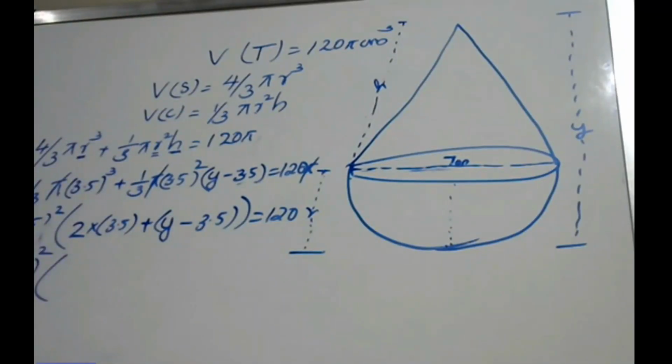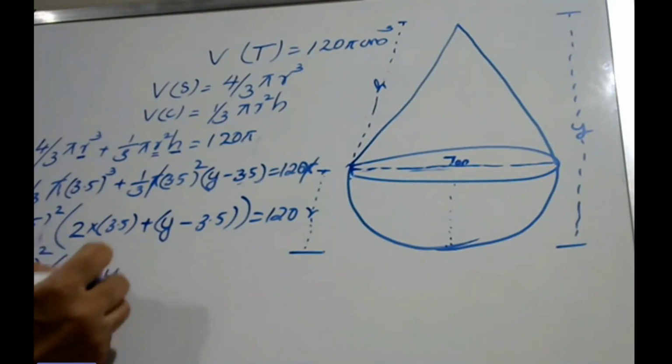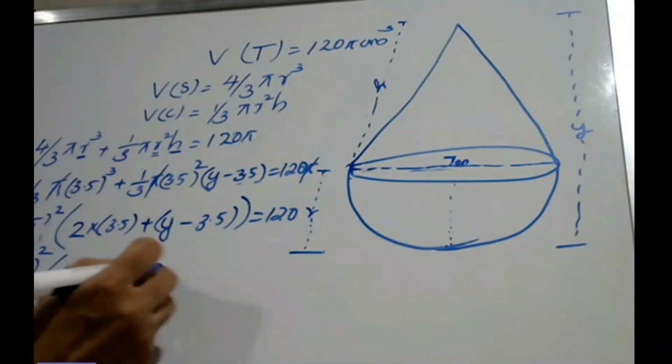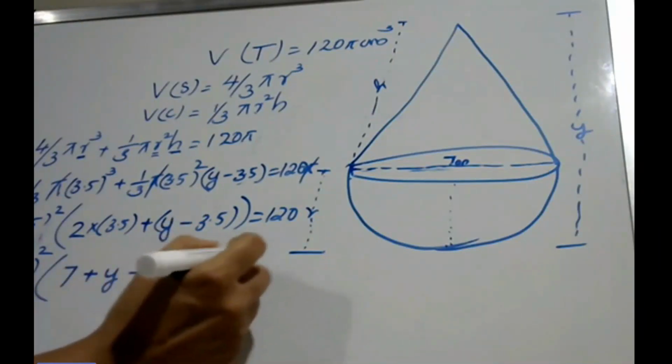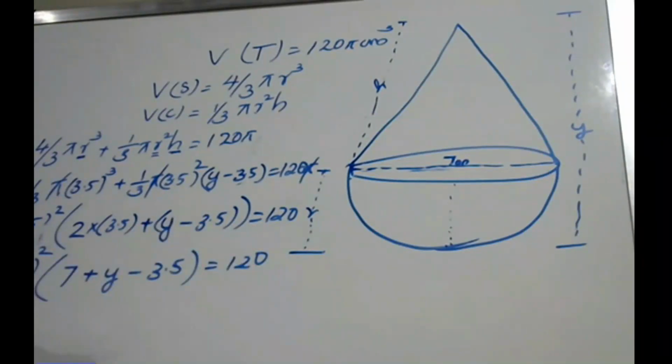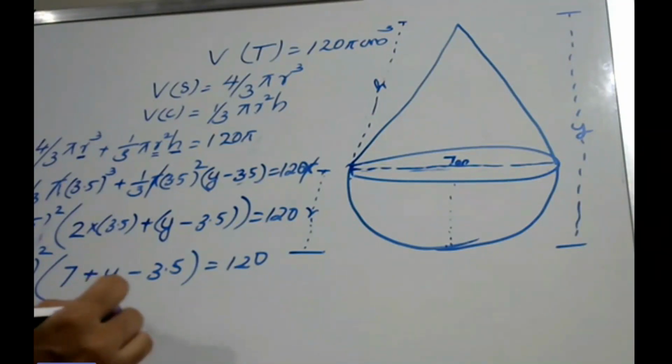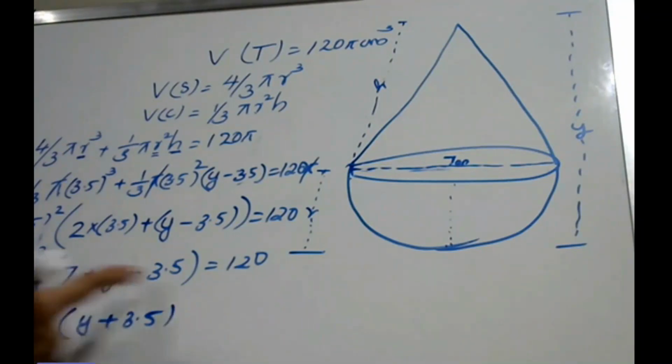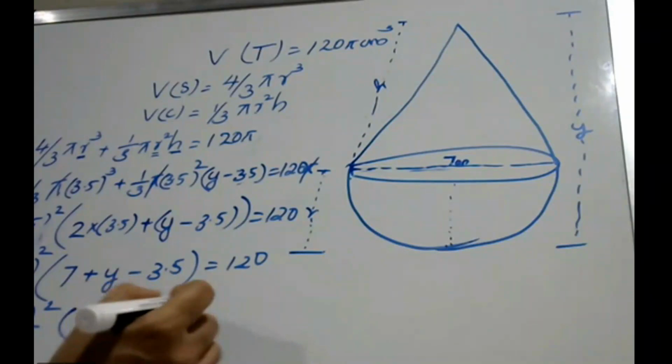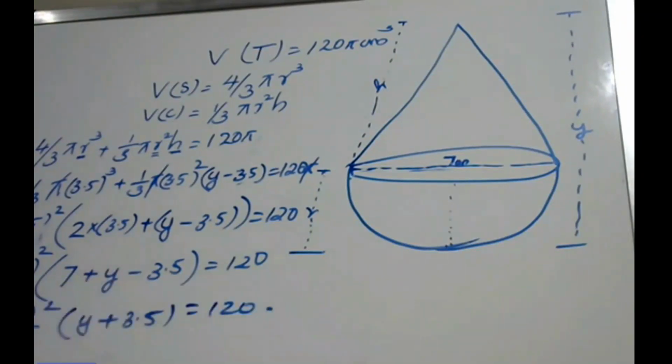So this is 2 times 3.5, which is equal to 7, plus y minus 3.5 is equal to 120. So this is 3.5 square over 3 times y plus 7 minus 3.5 is equal to 120.